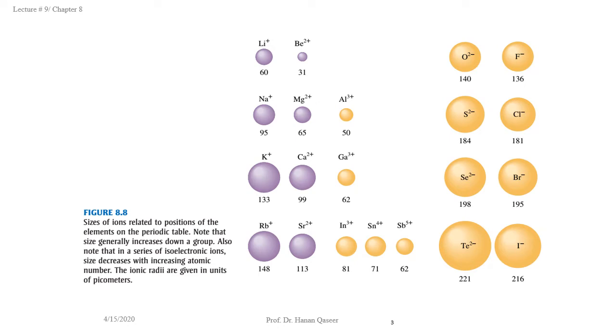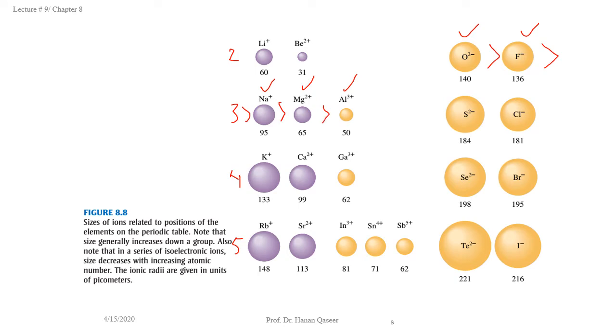Here period 2, period 3, period 4, period 5. For isoelectronic, if we take oxide, fluoride, Na plus, Mg plus 2, Al plus 3, as we saw in the previous slide, the size of oxide is greater than the size of fluoride. Size of fluoride is greater than the size of sodium. Sodium is greater than the size of Mg2 plus, greater than the size of Al plus 3.